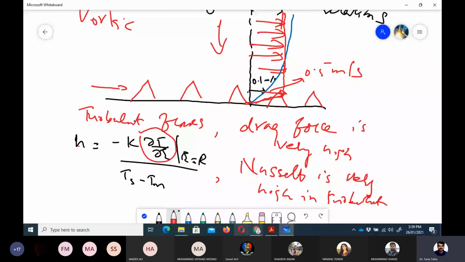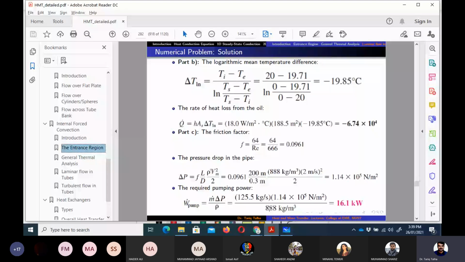Okay, so now we are going to see those correlations, and then we would do one numerical. I hope that this point is clear to you.